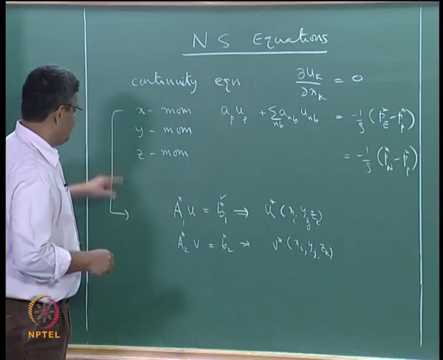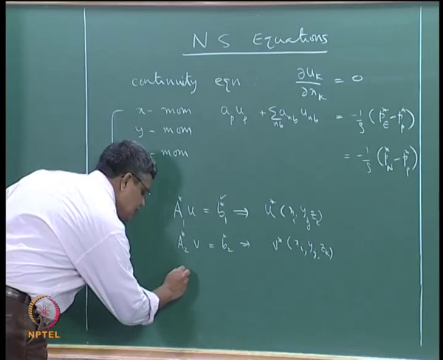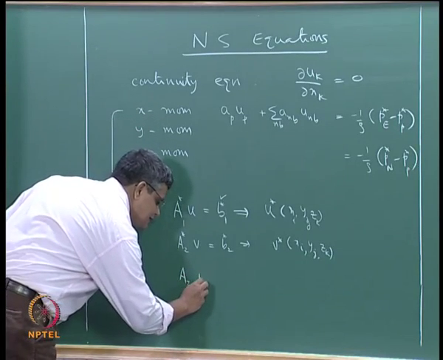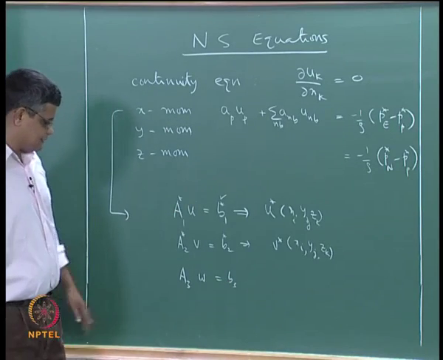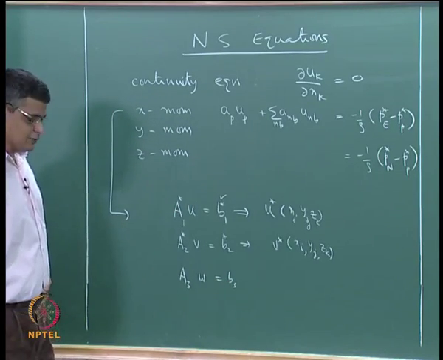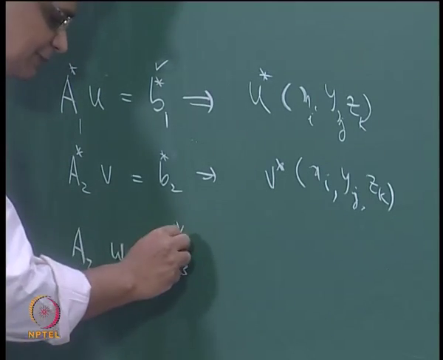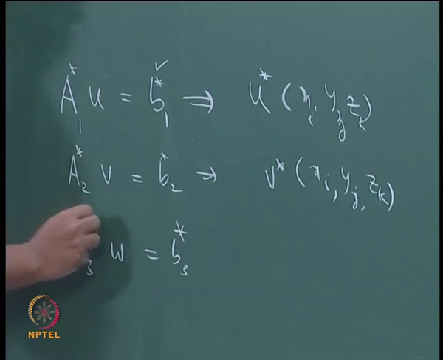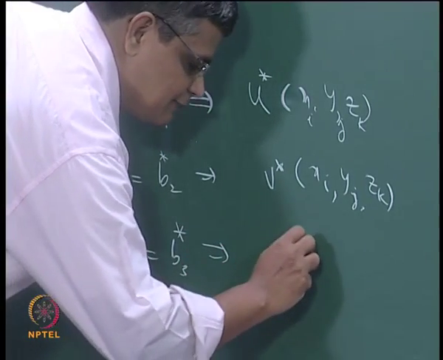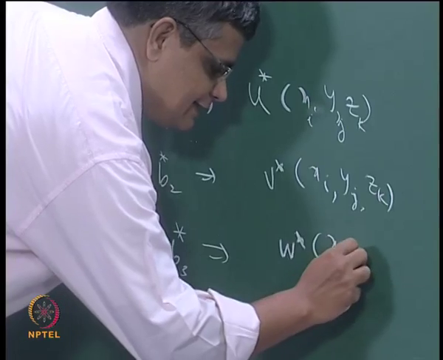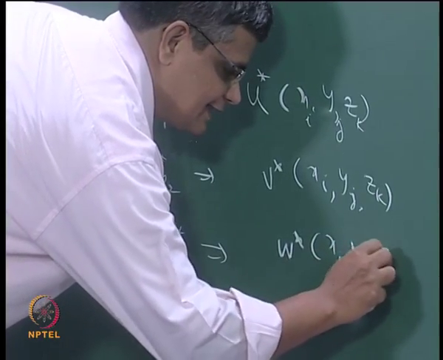Okay. And we can do the same thing for the z momentum, and we can come up with a3w equal to b3, which is the linearized form of the z momentum equation. With a guessed pressure field we evaluate the w to get w star at xi, yj and zk.